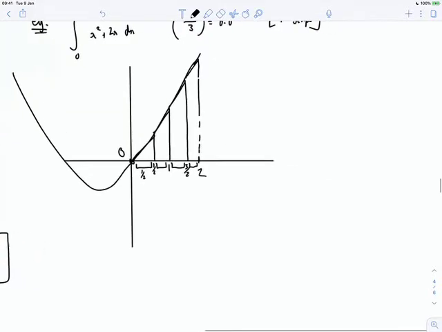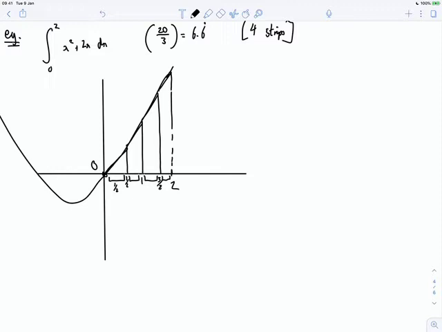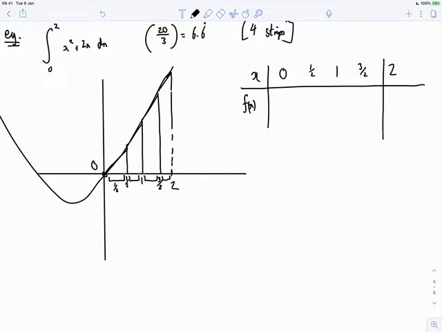Okay. And the way I like to do this is I like to set up a table. So I'm going to need the lower bound, so x is 0, all of the stuff in between, so a half, 1, 3 halves, and 2. And then I'll need the f of x values for each one. And because we're doing this numerically, you could give it to certain decimal places.